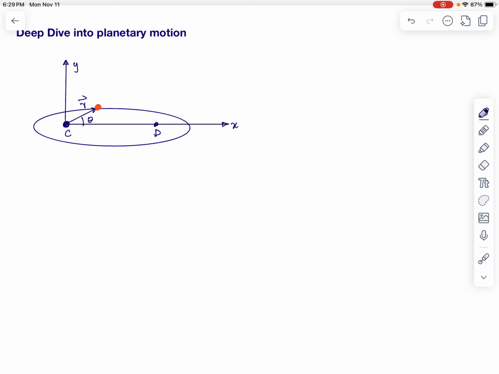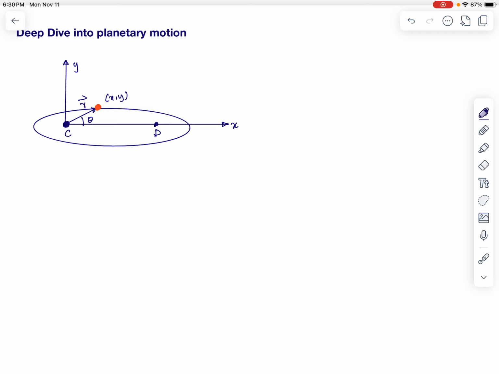If you look at the position of this planet, it's located at a certain xy position, but because this involves rotational motion around a central point, it is helpful to think of the rotation in polar coordinates. So we think of the rotation in terms of r and theta instead of x and y.